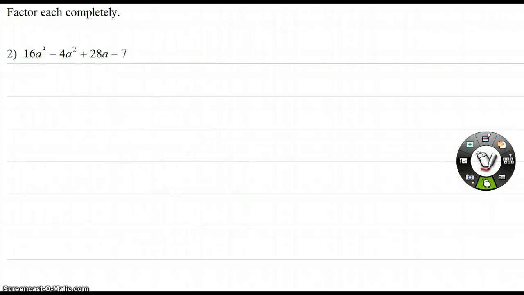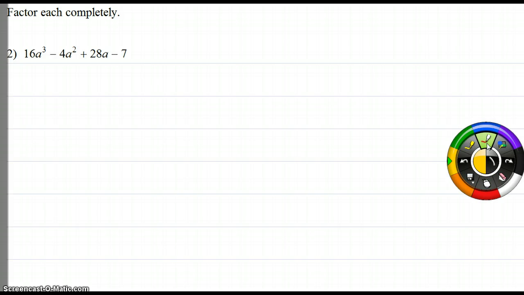When we look at these problems, again, we want to think of these as two separate problems. We first look at the first two terms, and this time they have an a common, but they also have a number common between the 16 and the 4. Both of them have a 4, and they both have an a squared.